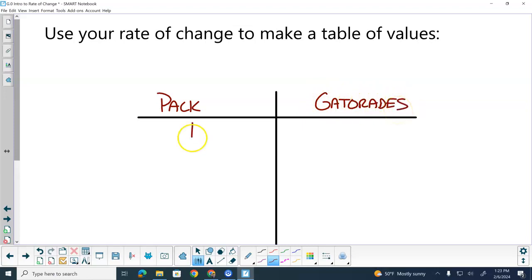And you said for one pack, there's 24. I want you to come up with 2 more entries into your table that make your rate of change be true.